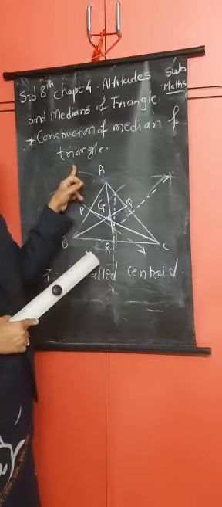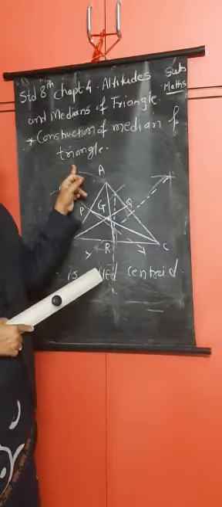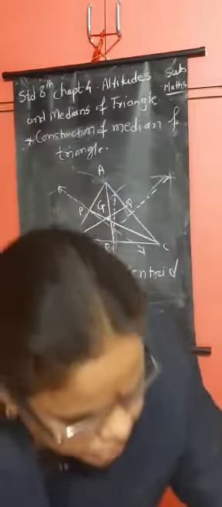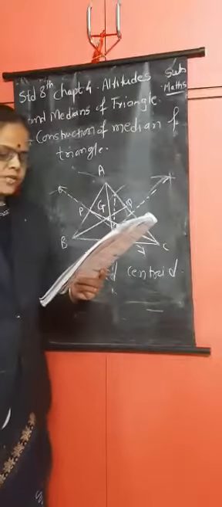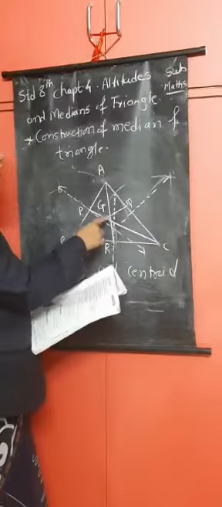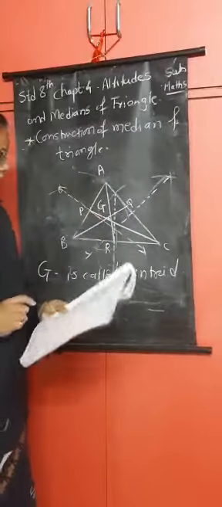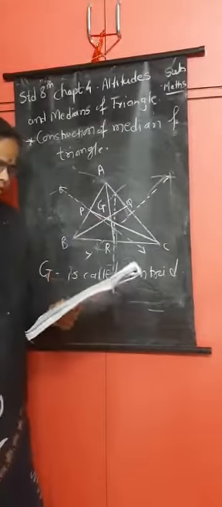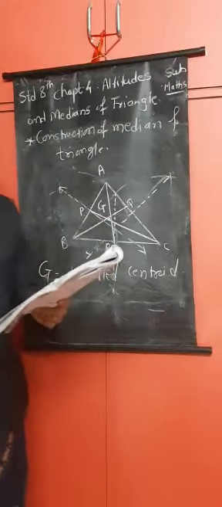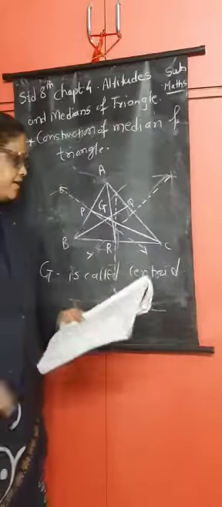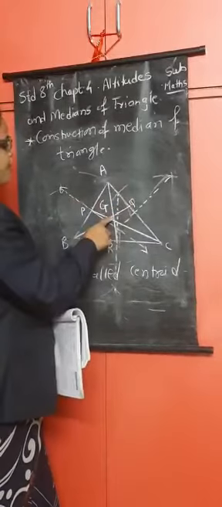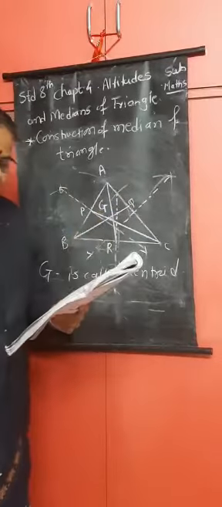In this way, we construct the medians of different triangles. So, medians of a triangle are concurrent. The point of concurrence is called the centroid, and it is denoted by the letter G. For all types of triangles, the location of G is in the interior of the triangle. म्हणजे सगळ्या ट्रायंगल्सचा पॉइंट ऑफ कॉन्करन्स हा इंटेरियर साइडला असतो.